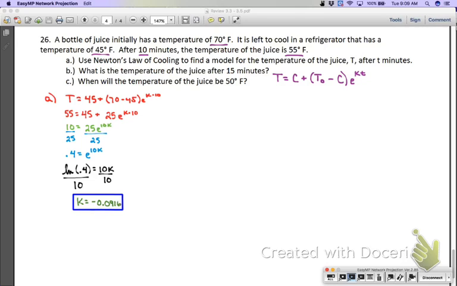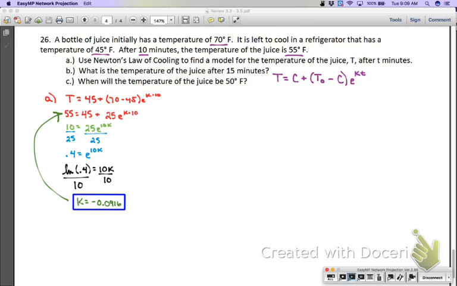Once I get this, I'm going to plug it back into the original formula, but instead of 70 minus 45, I'm just going to make it 25.